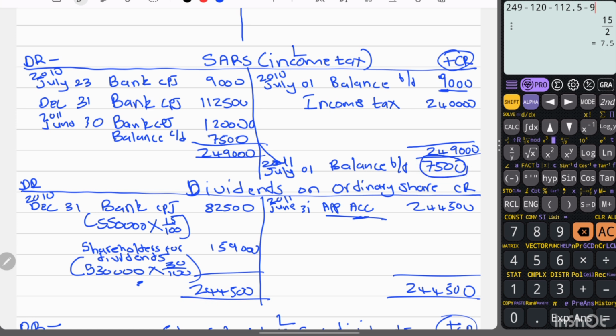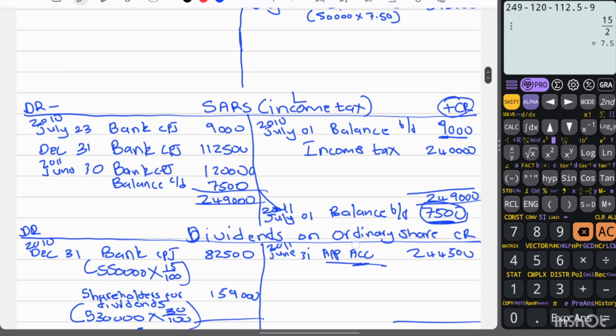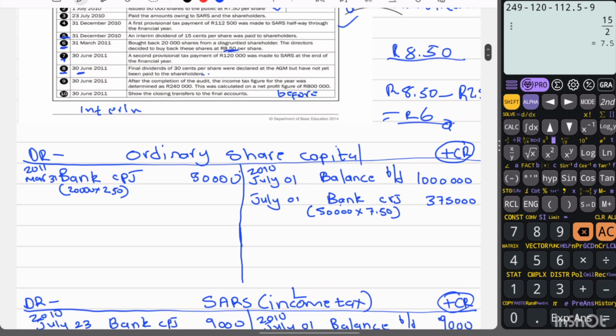Okay, and then remember guys, this money must be shown in our financial statement under what? Under trade and other payables, because we are still owing SARS. All right, thank you. Let's continue with our information.